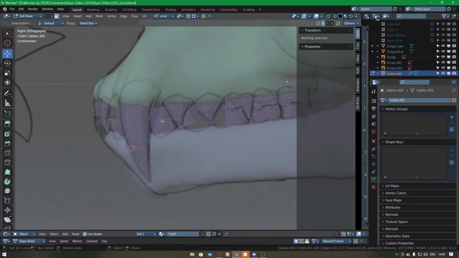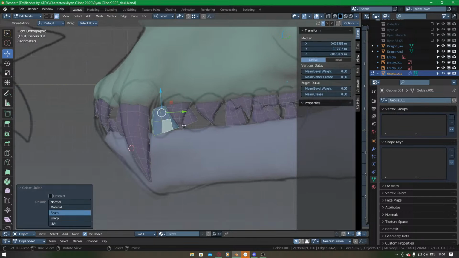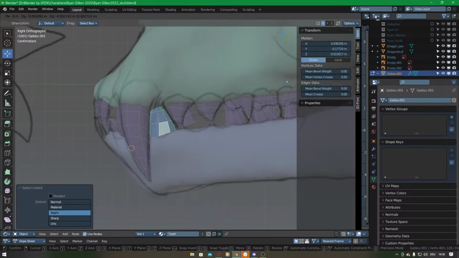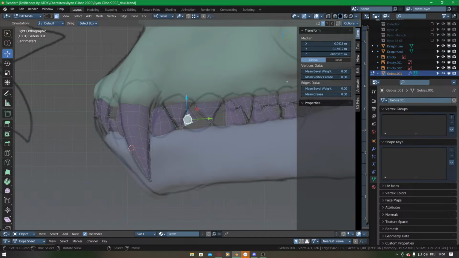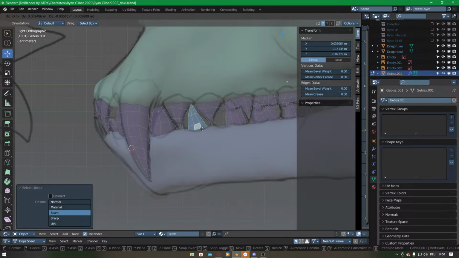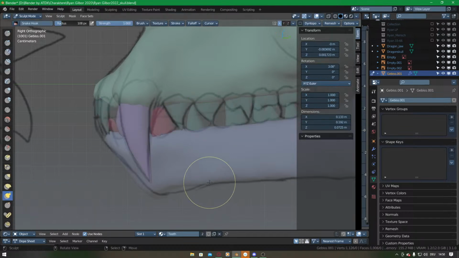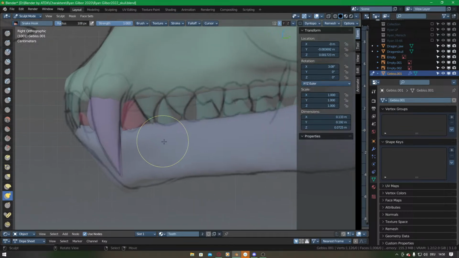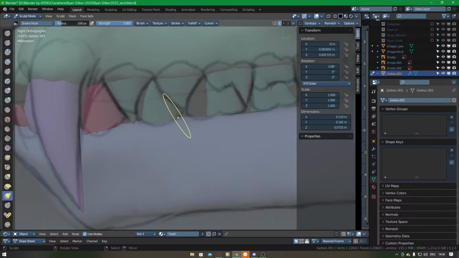Let's start with that one. So this one sits obviously here, has a pretty good form.